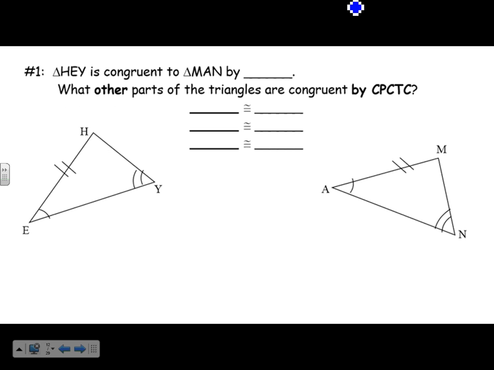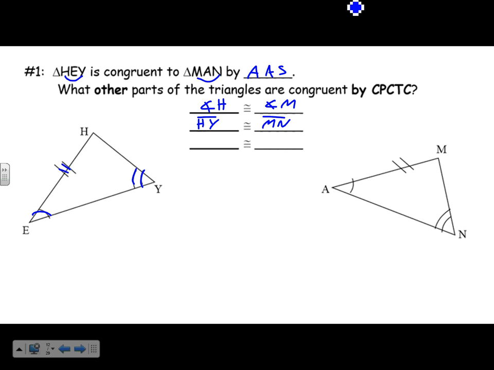Triangle HYI is congruent to triangle MAN, so we have side, angle, angle, which is angle, angle, side. And again, it's congruent to these over here. So that means angle H is congruent to angle M. I know HY is congruent to MN, HY, MN, yep, just to make sure.